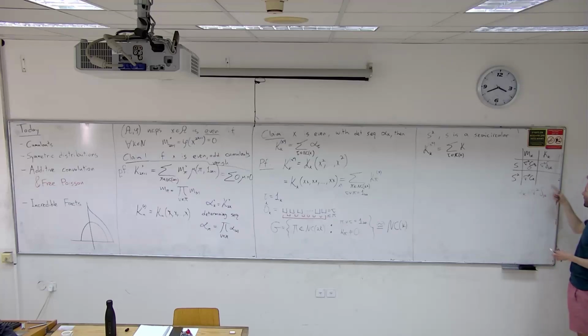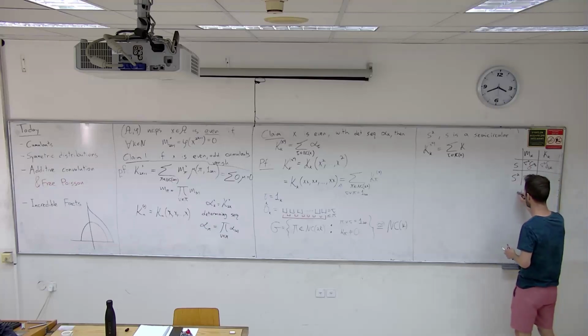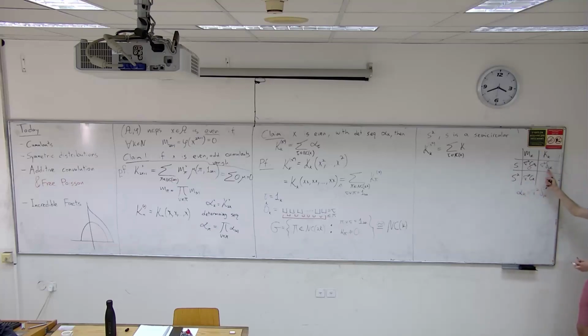Because I ignore the odd ones, and the alphas enumerate the even cumulants of the even element. The cumulants look like this, so the alphas look like this. This is just notation. You could do 2k over 2, but it's the same as 1k. It's 1 only when k is 1.